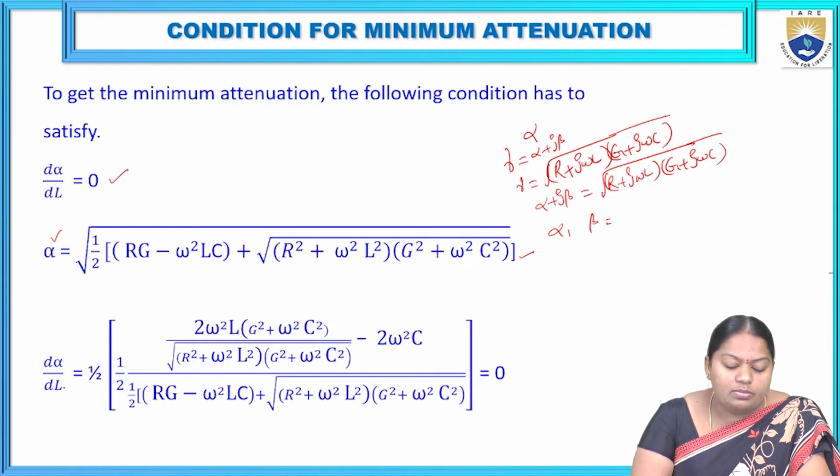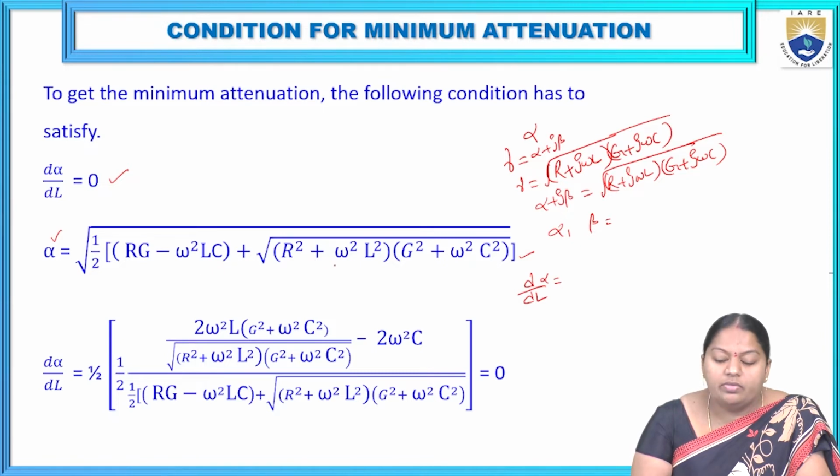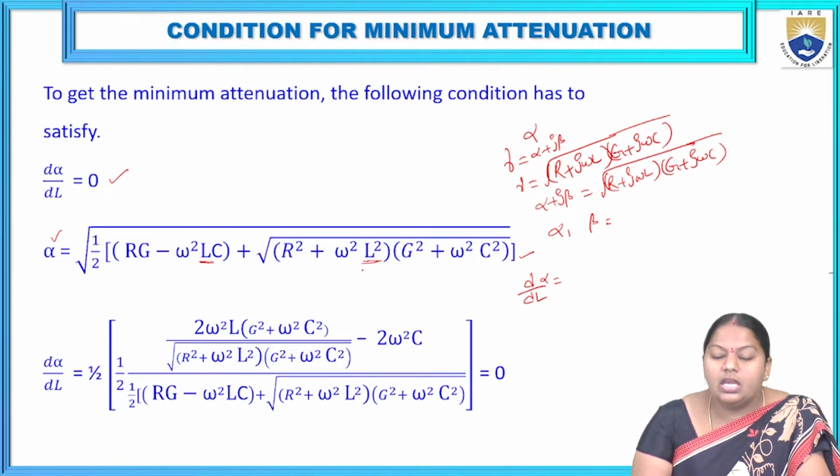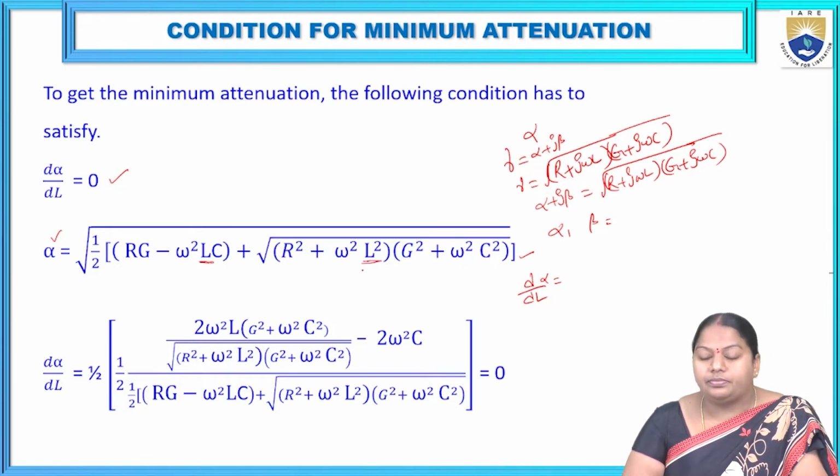So d alpha by dL, that is d by dL of alpha. If you observe this equation, L exists in two places: the first term consists of L, and here also the L term exists.